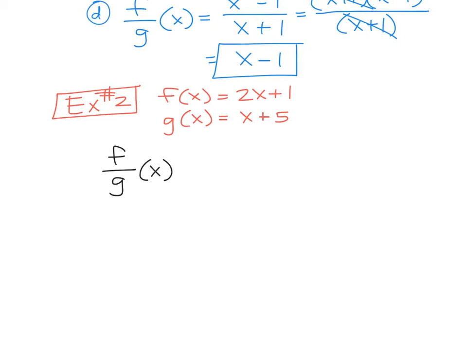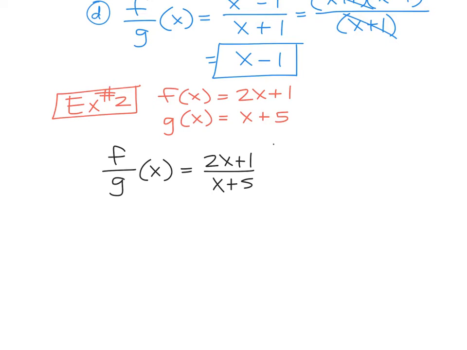Okay, so we're going to divide them. How do you set that up? What goes on top? 2x plus 1. What goes on bottom? X plus 5. Right. Okay. Is there anything you can simplify here? Is there anything you can factor out? Nothing. That is your answer. Isn't that lovely? You don't even have to do any work.